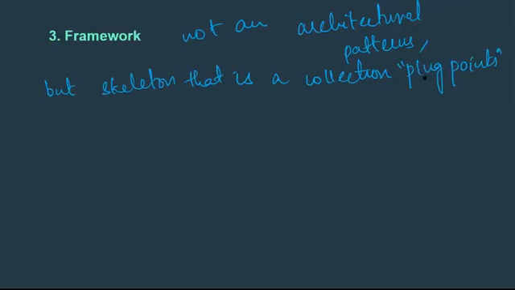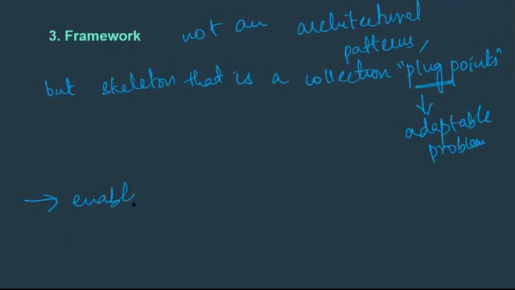Now what are these plug points? They can also be like different slots. These plug points are very adaptable to every problem. Plug points are going to enable the designer to integrate different classes and functionalities within the skeleton.